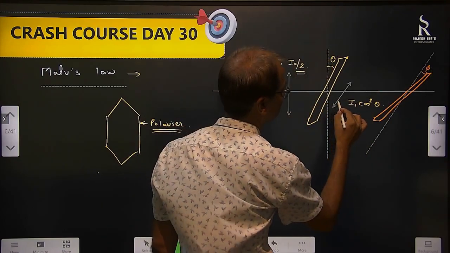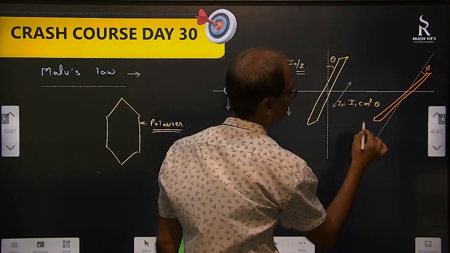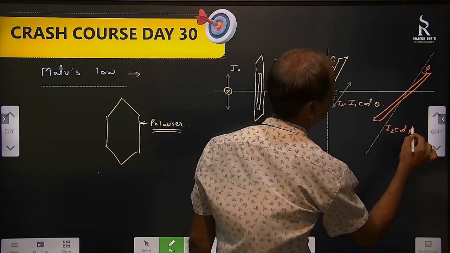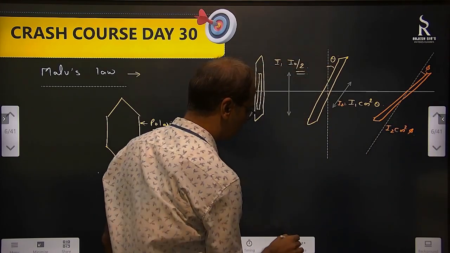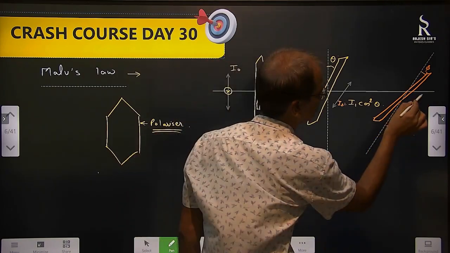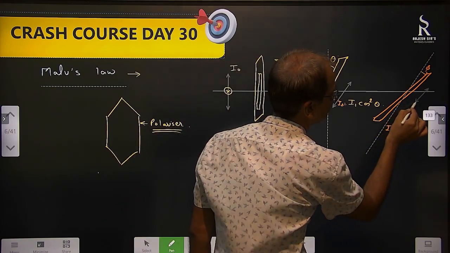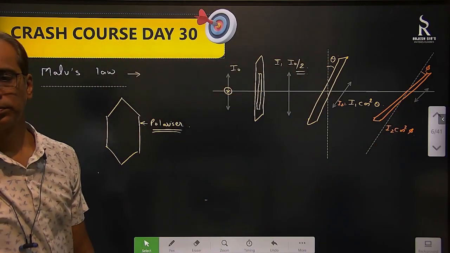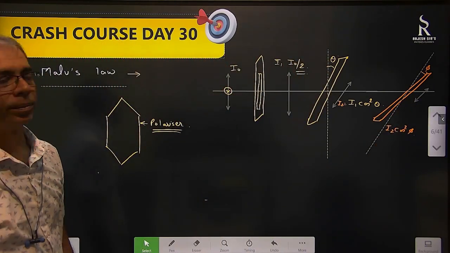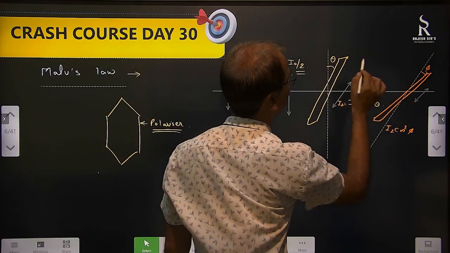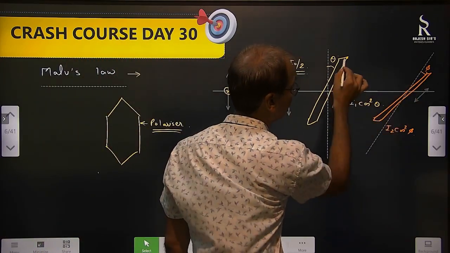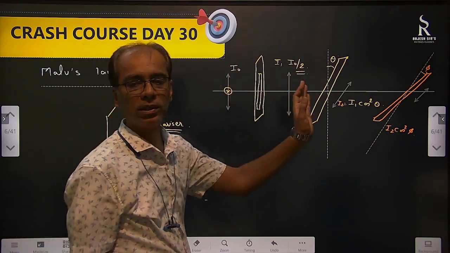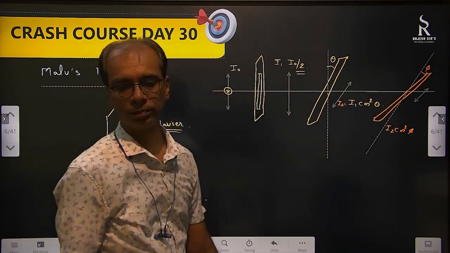If I say that this is I2, then here the intensity will become I2 cos square phi. Clear? Now phi is the angle made by this analyzer with the previous analyzer. So this way intensity keeps on decreasing.